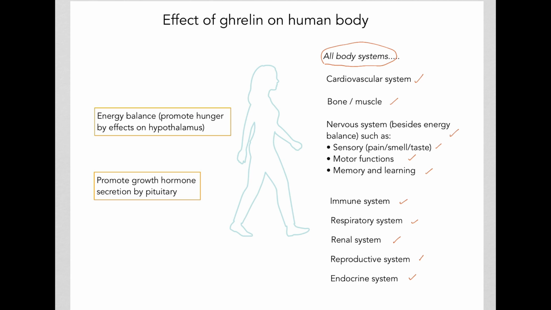However, in this video we shall focus on two effects of ghrelin. One is in energy balance, how it promotes hunger by affecting the hypothalamus. The second effect we'll talk about is the role of ghrelin in promoting the secretion of growth hormone by the pituitary gland.